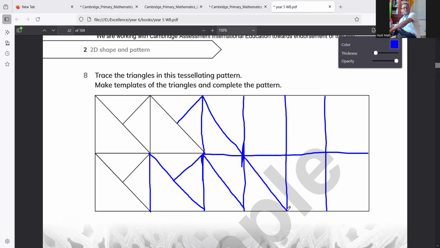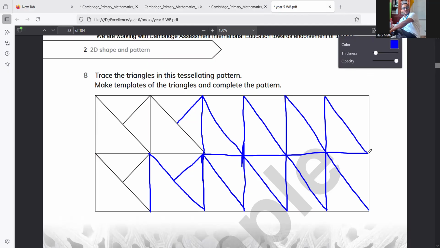Keep doing this for all your triangles so you keep the same pattern over and over. So make it this way, and here you do this one this way.